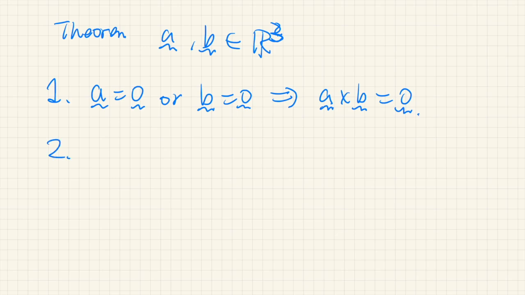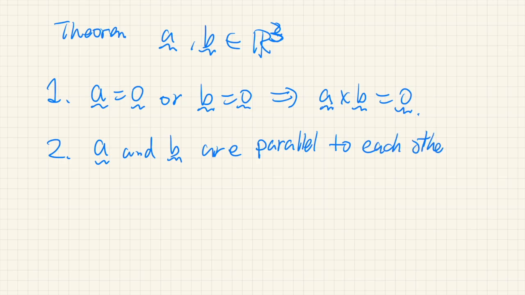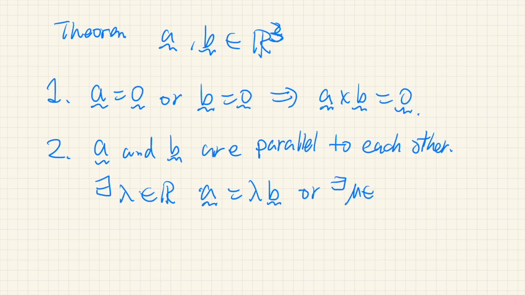And second, if A and B are parallel to each other, that means there exists some lambda, which is a real number, such that A is lambda times B, or there exists another real number mu such that B is equal to mu A. In this case, we say A and B are parallel, right?